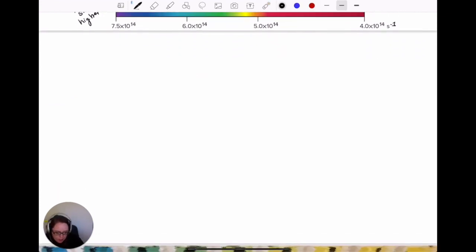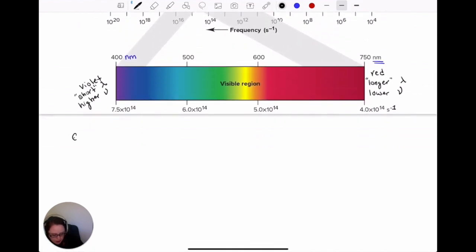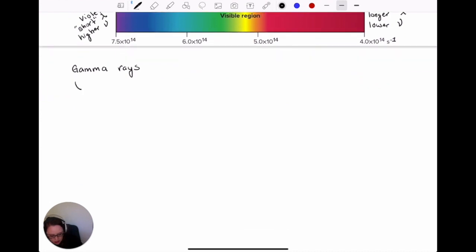Okay, so if we go from gamma rays to X-rays, then ultraviolet rays. Ultraviolet is kind of like beyond violet.